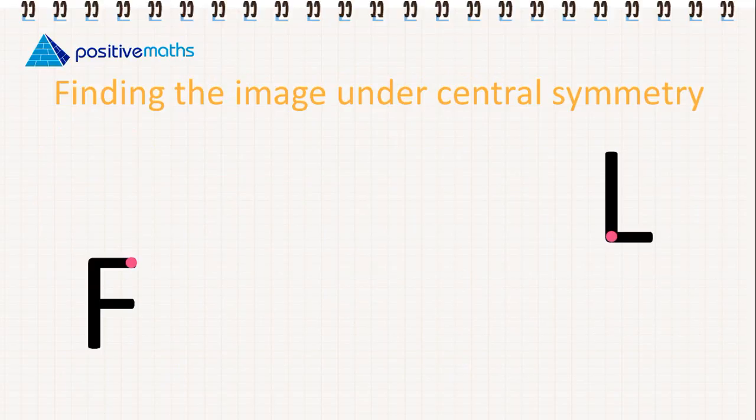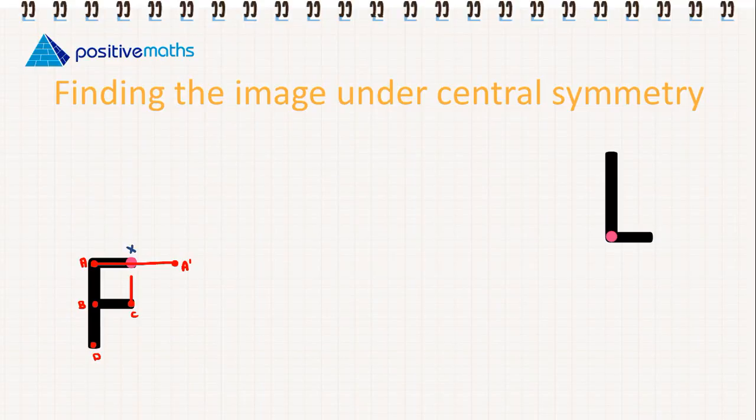Now let's go through finding the image under central symmetry, again of these letters, but now through the pink point. If we start off, again we'll call this point X, and again we're going to identify some of the important points. So we'll have A, B, C, and D. Now we're going through the point X again.